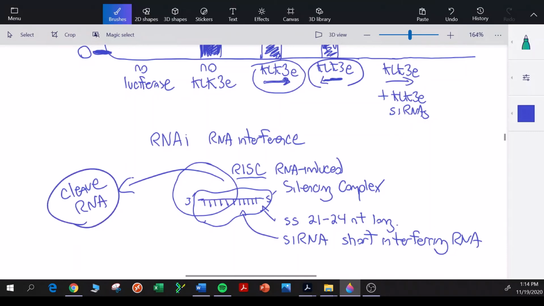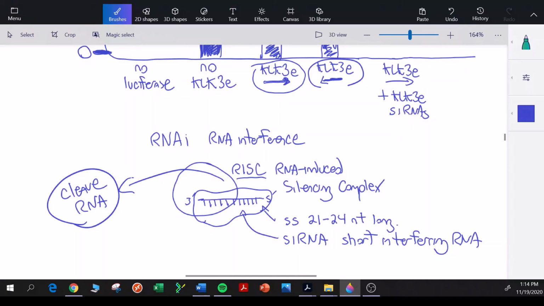So that RNA is no longer functional, can no longer be translated into a protein. If it is a messenger RNA, or if it's an enhancer RNA, it probably won't function if it's cleaved into two pieces. And then once it's cleaved, it is usually fully degraded by other exonucleases or nucleases.